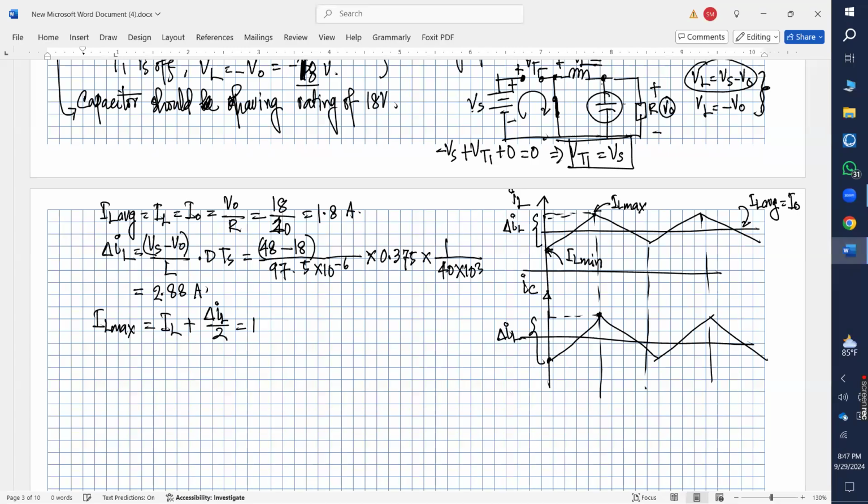So IL is 1.8 plus del IL, 2.88, over 2. So that should give you 3.32 amperes.